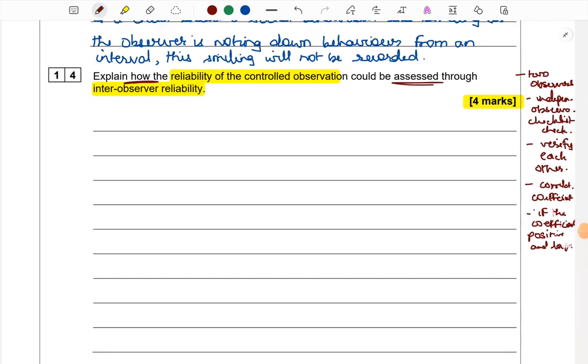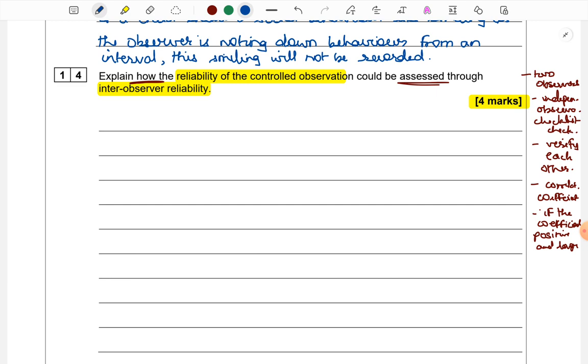Okay, let's see how to write the answer. So we can write: two independent observers will mark the social behaviors of children on their respective checklists.